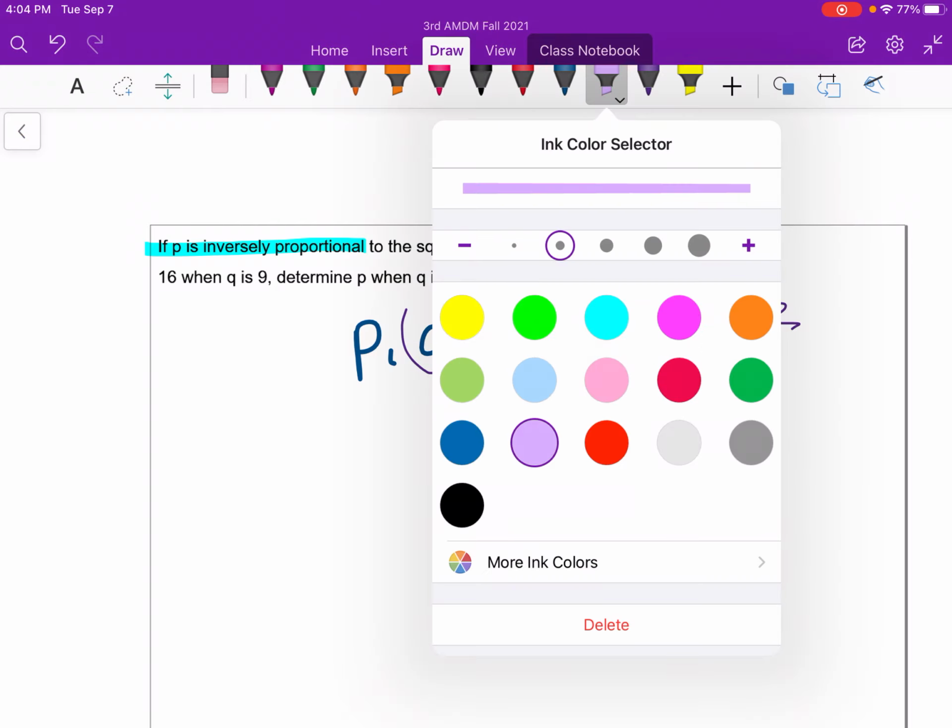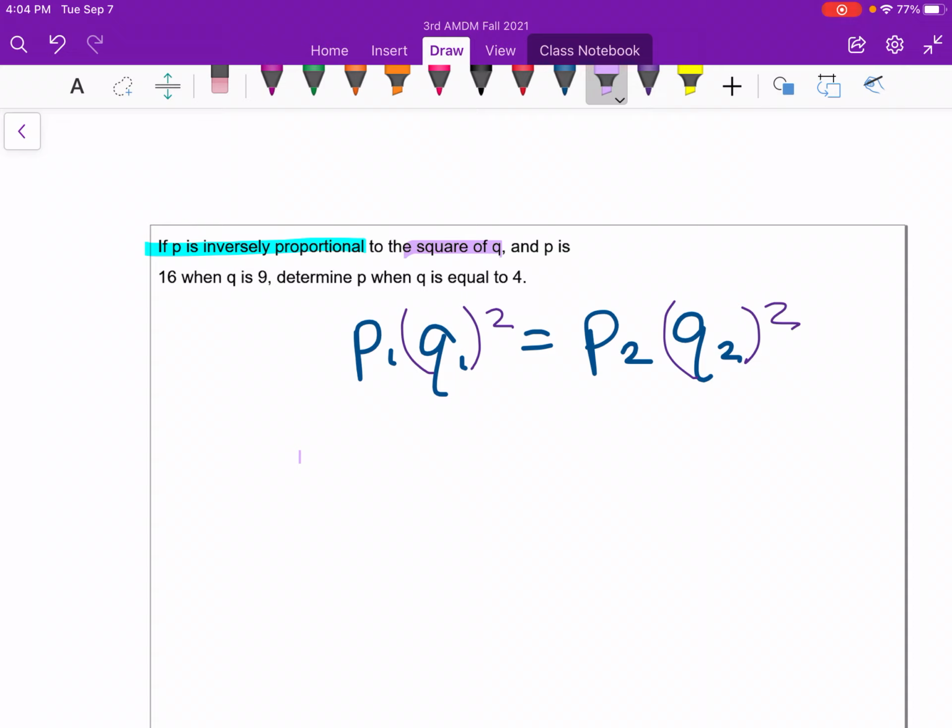And p is 16, so I'll put that here, when q is 9. So I'm going to put that there: p is 16 when q is 9.